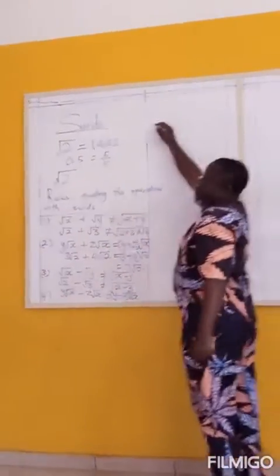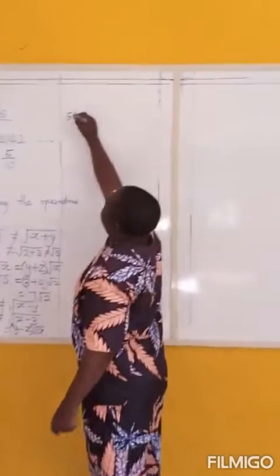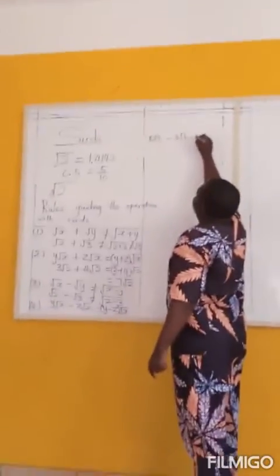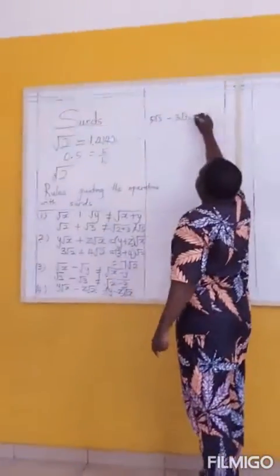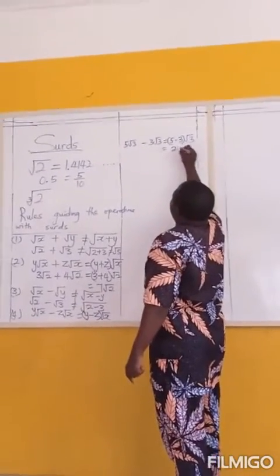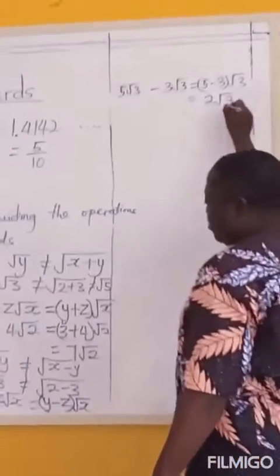For example, 5 root 3 minus 3 root 3 is the same thing as (5 minus 3) root 3, and that is equal to 2 root 3.